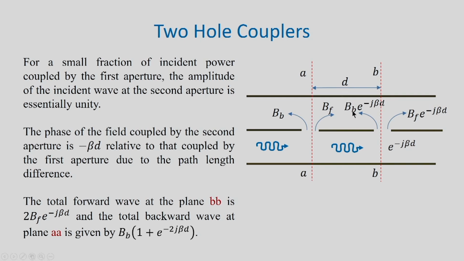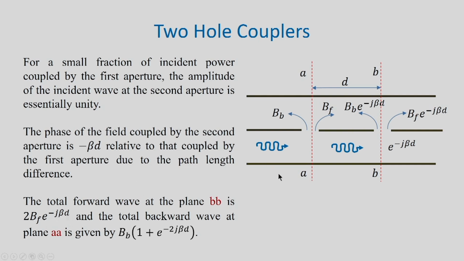So, we will have this second wave having a phase shift of 2 beta d, and therefore, the total forward wave at plane BB is Bf e to the power minus j beta d from the second slot, again Bf e to the power minus j beta d from the first slot, and therefore, it is 2 Bf e to the power minus j beta d.